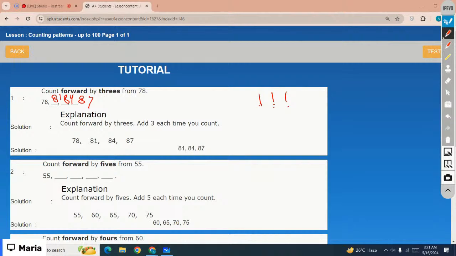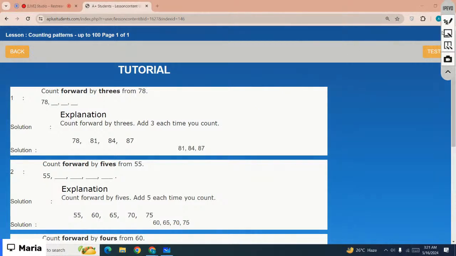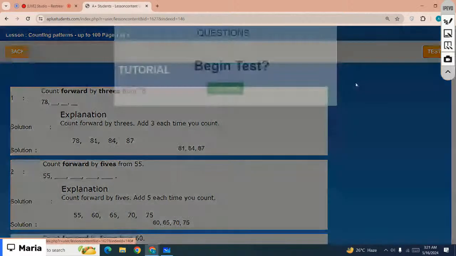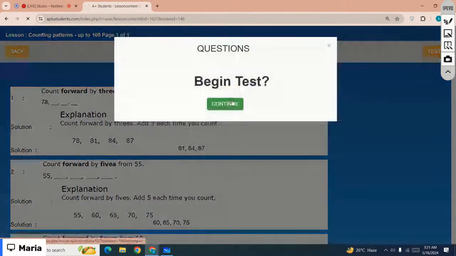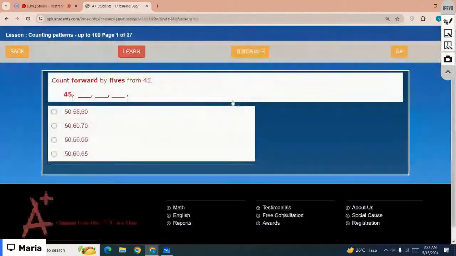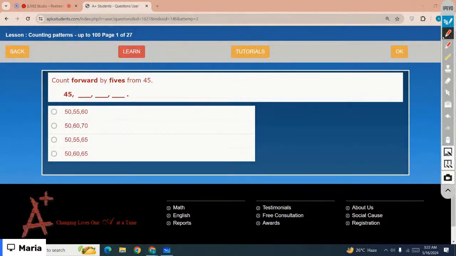Okay, let's just start with the practice questions. Okay, count forward by fives from 45, right? So you have to count forward by 5, right? Start with 45, 46, 47, 48, 49, 50 it is. Now start with 50, 51, 52, 53, 54, 55. The next one is 60.